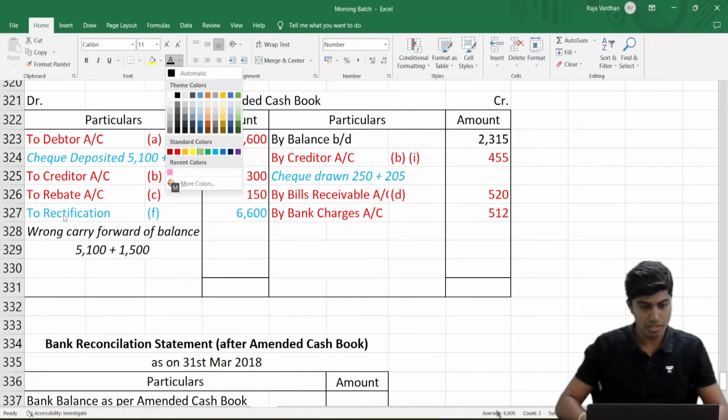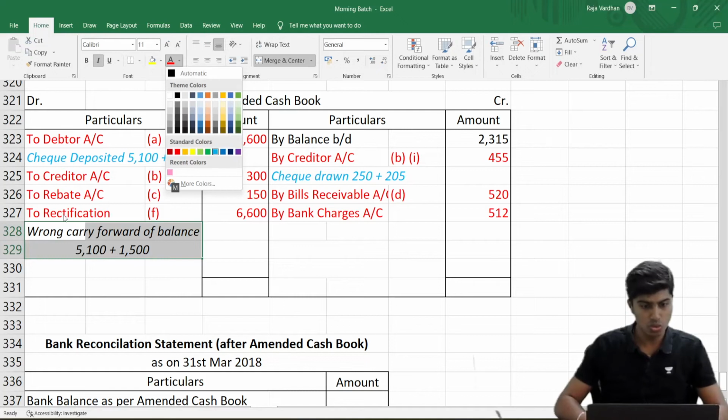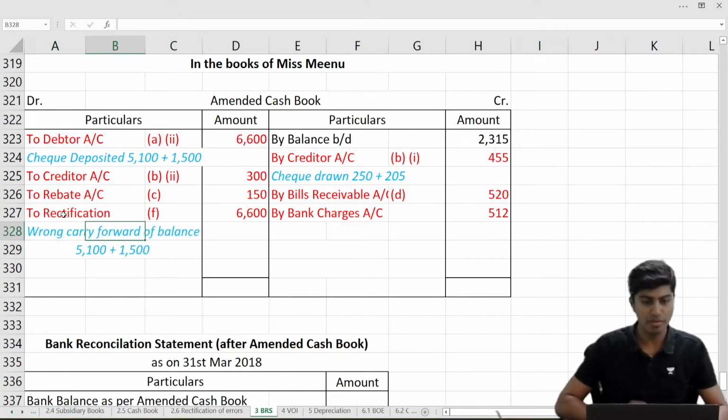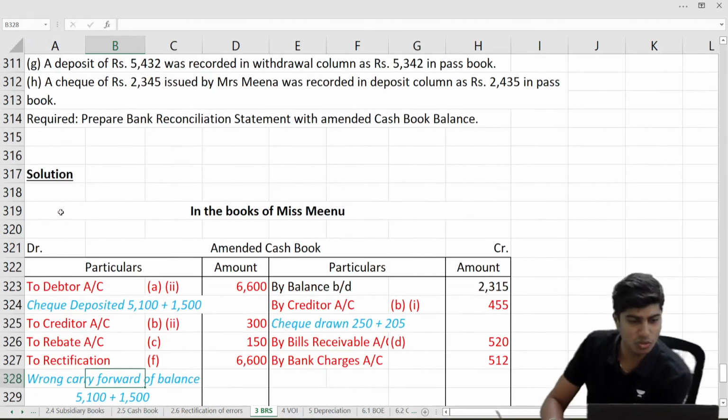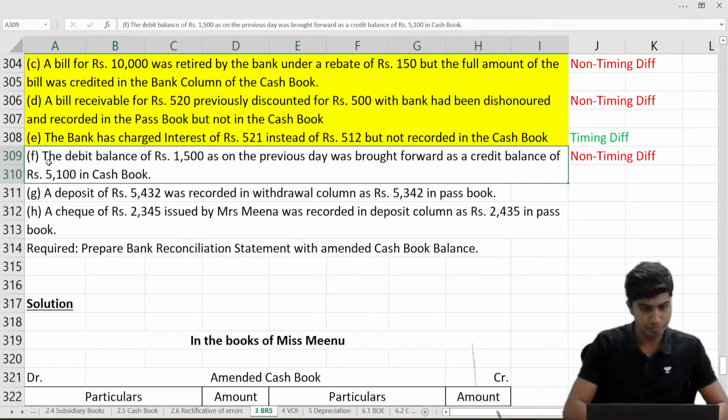Got it? Done. Then what do we have after that? So this adjustment is also done.